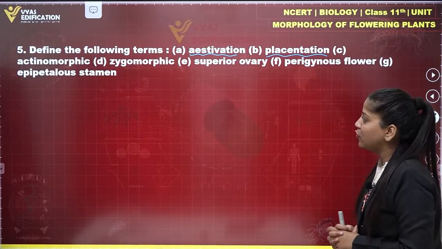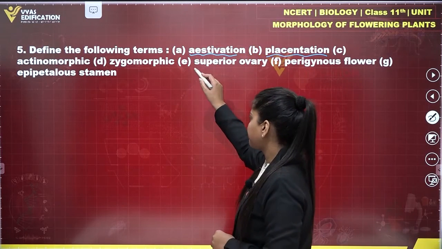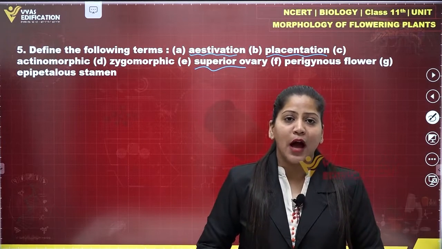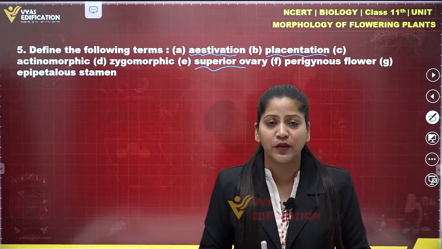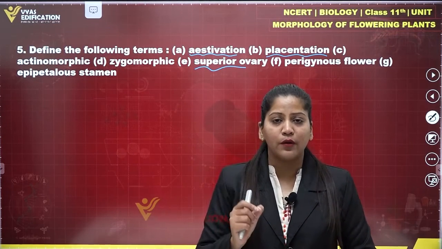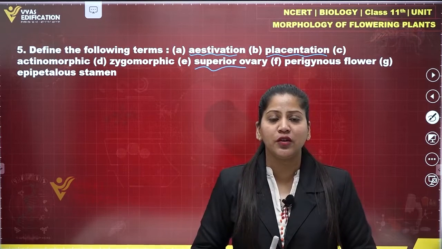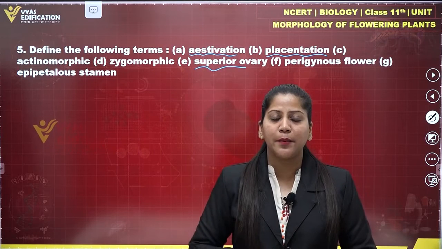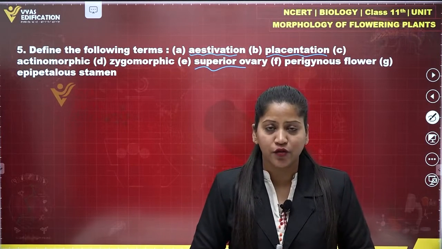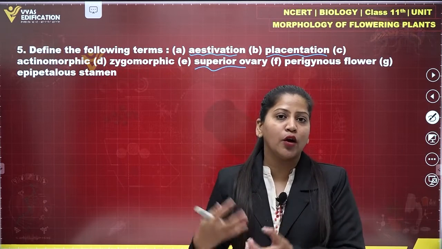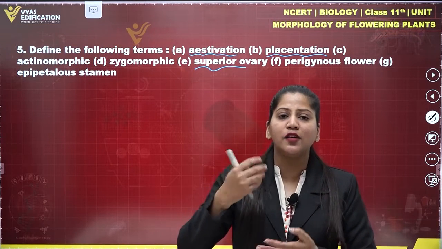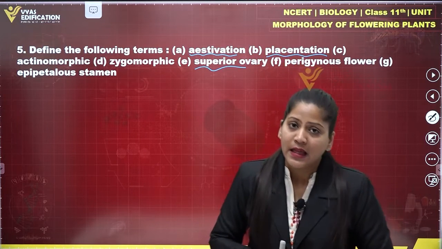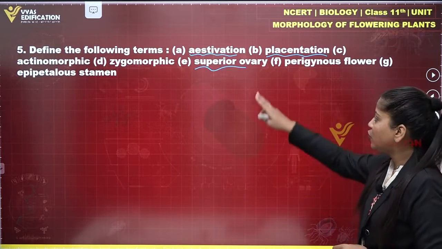The next term we have to define is superior ovary. When the ovary in a flower is present at the highest position with respect to all other floral parts, and all other floral parts are present just below the ovary, the ovary is said to be superior.